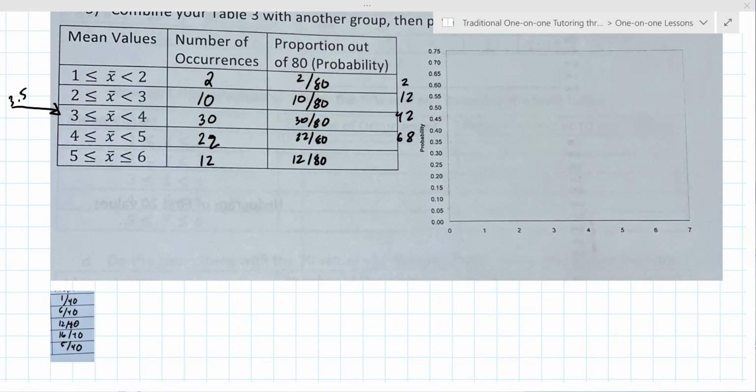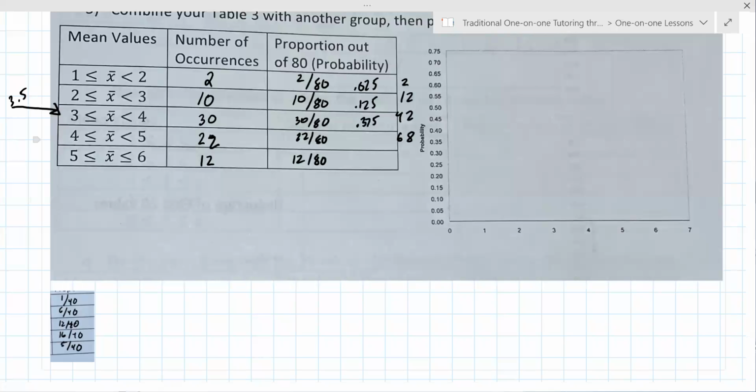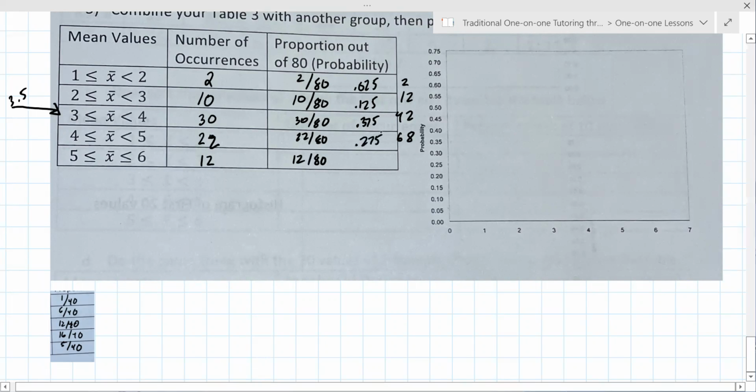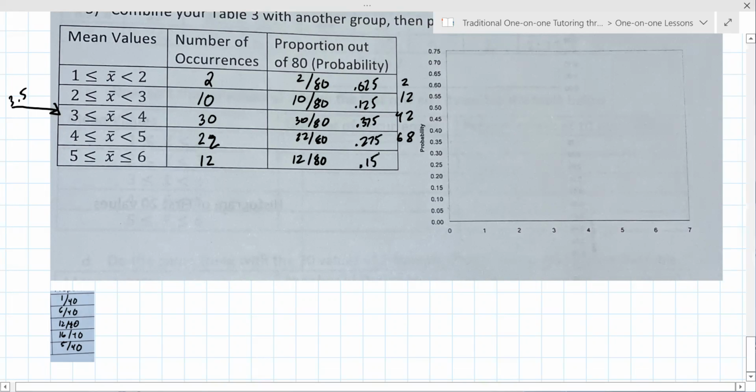Okay, so 2 out of 80 is 0.025. I'm going to a calculator for these, they're hard to do by hand. 10 out of 80 is 0.125. 30 out of 80 is 0.375. 22 out of 80 is 0.275. And then 12 out of 80 is 0.15. Okay, so we'll just graph these here. The 0.025 is like that. 0.125 is like that.